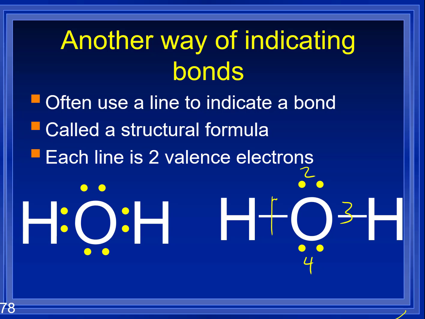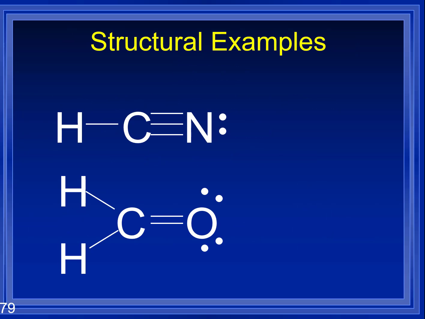So that's what a single bond looks like. A single bond is one line connecting the two. Here's what a triple bond and a double bond look like. A triple bond is 3 lines. A double bond is 2 lines. Now, when we do dots for a triple bond, we do this. Okay.